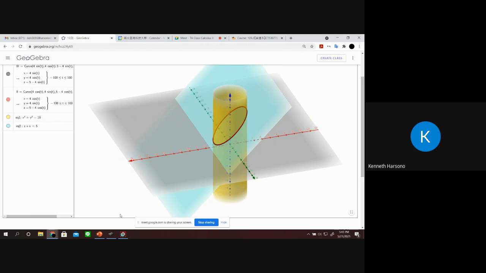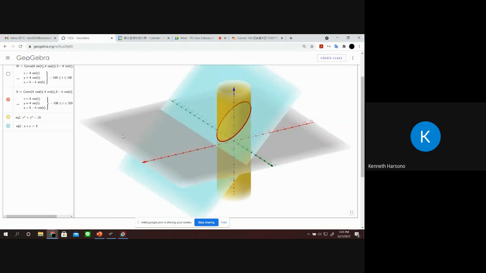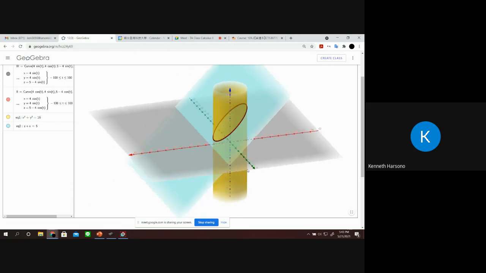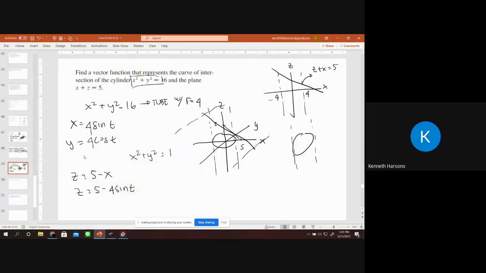Is it okay? Is it clear for this question? Do you have any question for this one? No? Okay. Let's move on. Next one. So the answer is this one, right?